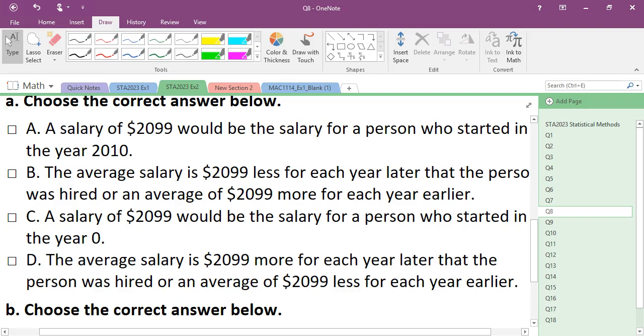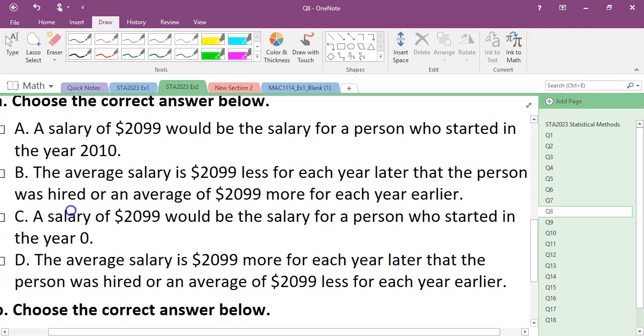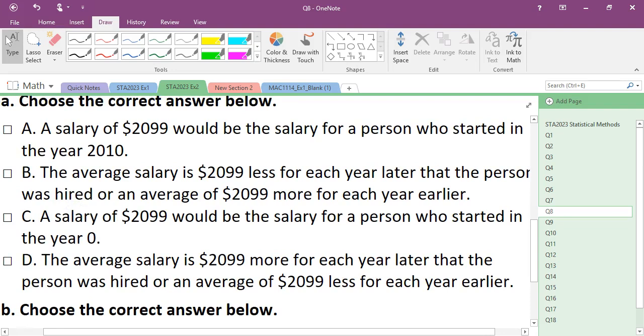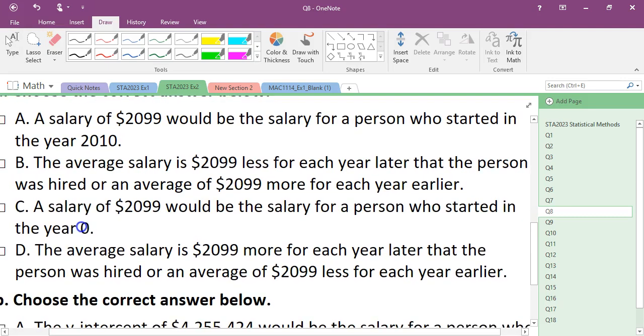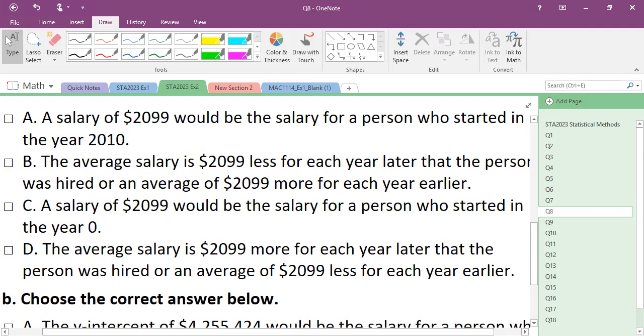That's right. All right, so A says the salary of $2,099 would be the salary for a person who started in the year 2010. B, the average salary is $2,099 less for each year later that the person was hired, or an average of $2,099 more for each year earlier.